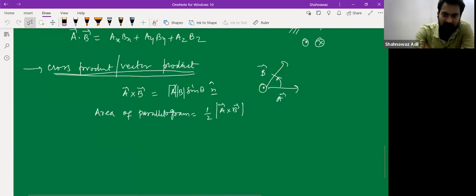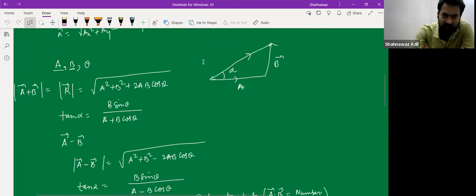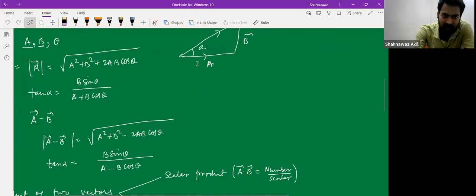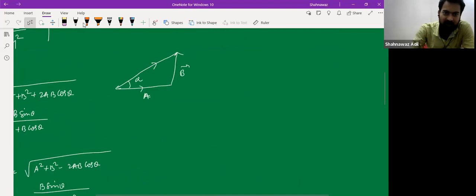So when I was in here, I used this triangle law, right? So in parallelogram law, you have what? So this is the triangle law. A vector has two parts, one is the tail and the other one is the head.